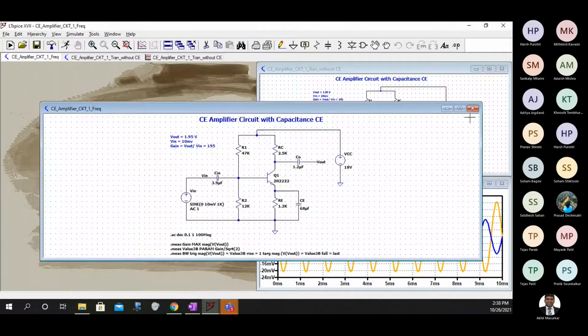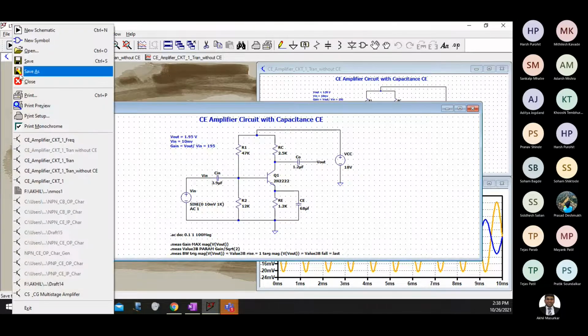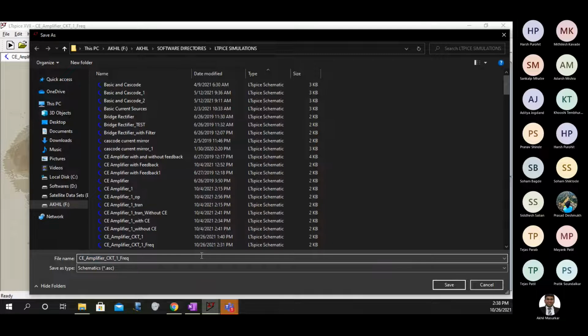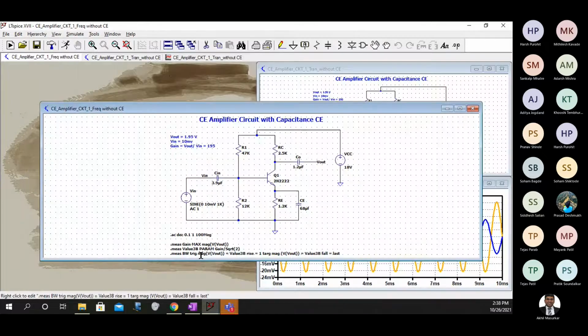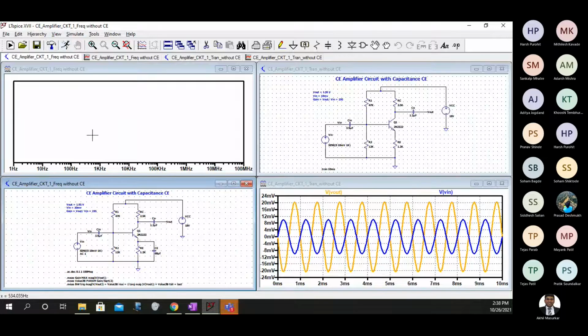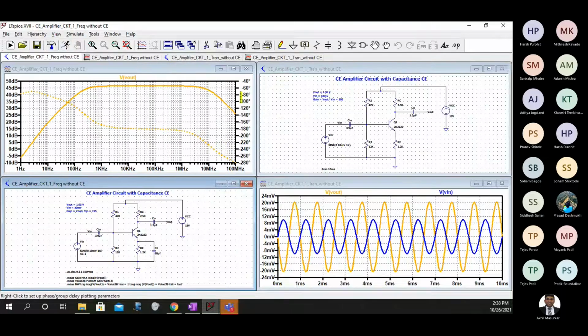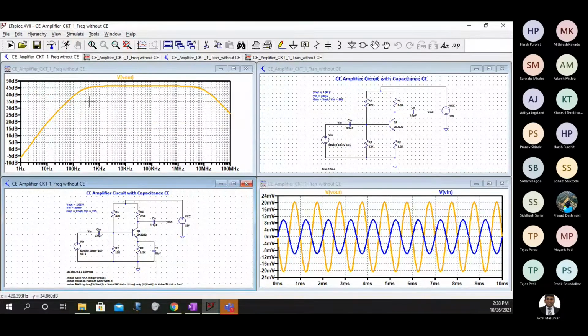So this frequency response file, save as CE, I'll save it, I'll run it, and I'll see where we are. Don't plot phase.